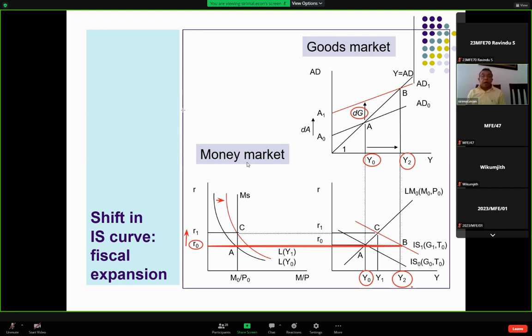So money demand goes up, and we have given it here with this line, increase in money demand. As a result, we move to point C, that interest rate.